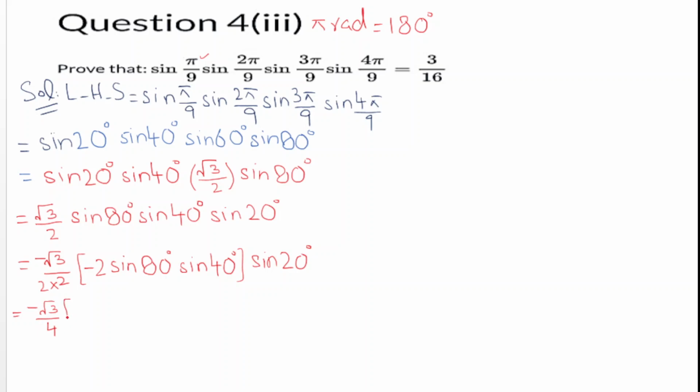You should know the formula of negative 2. When both are sine, then both will be cos, but inside it is cos minus cos. Let me change the color and then apply the formula here. Cos minus cos means, at first there will be 80 plus 40, like this, and then a minus sign.